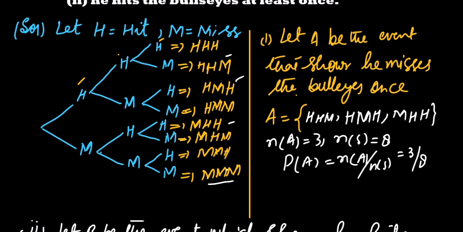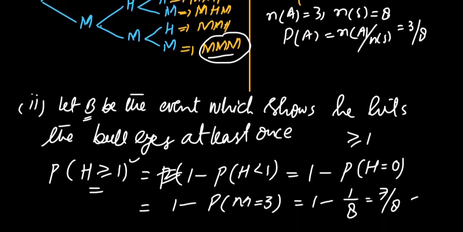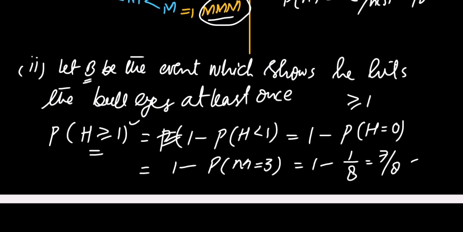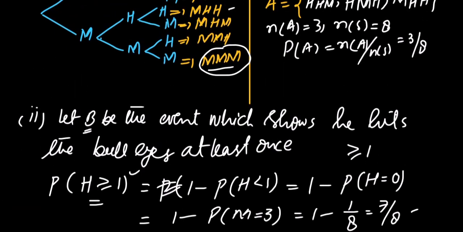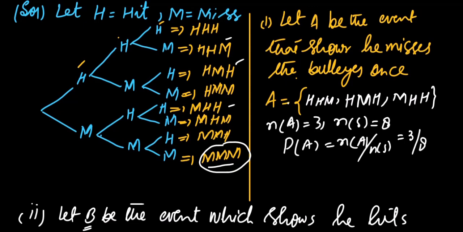There is only one possible outcome in which there is no H, that is all 3 M. So you can do this question by complement and also simply by calculating all of the possible outcomes in which at least one H is present.